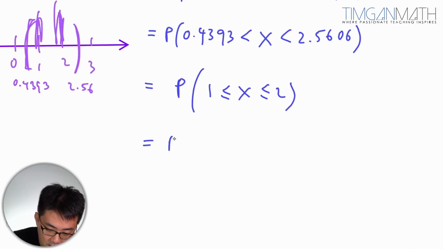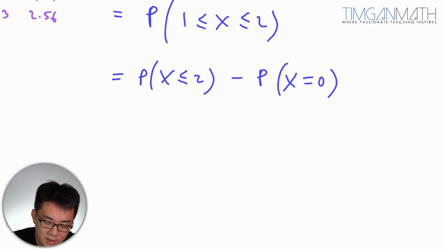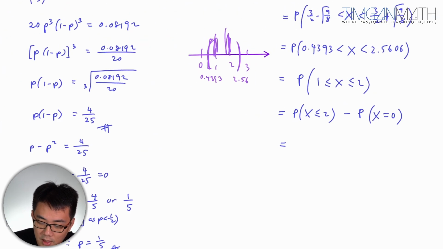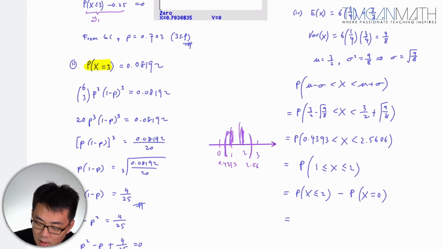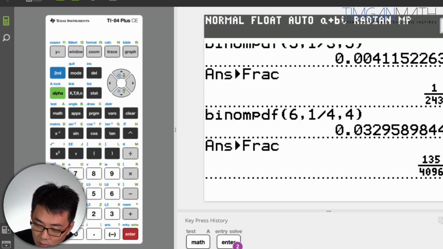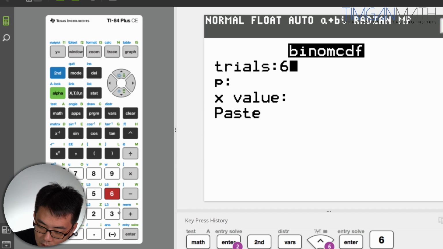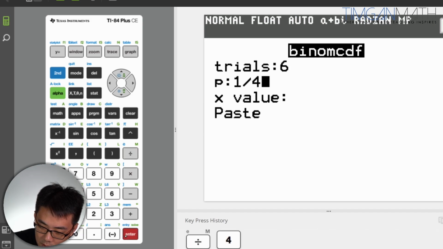So this will be P(X less than or equal to 2) minus P(X equals 0), or P(X less than or equal to 0), which is the same. So this is 1 and 2. Just add, that's about it. We're going to key in 6 and 1/4. So distribution, CDF, 6 and 1/4. X value will be 2.